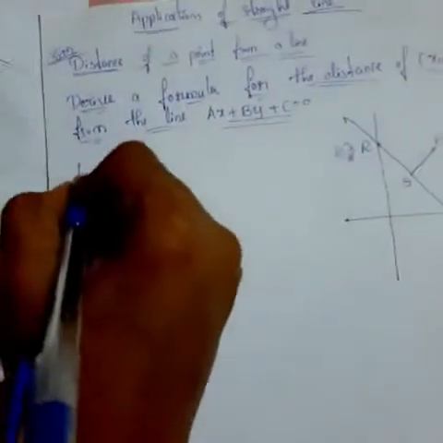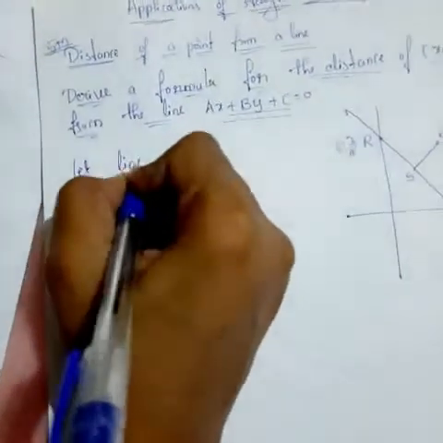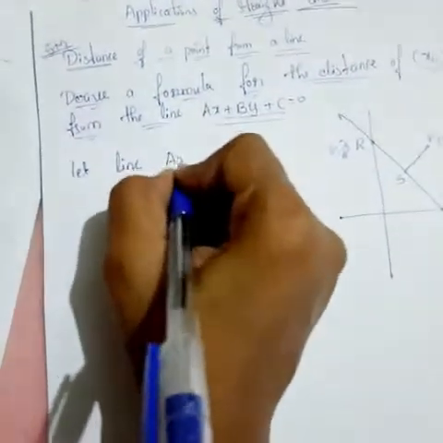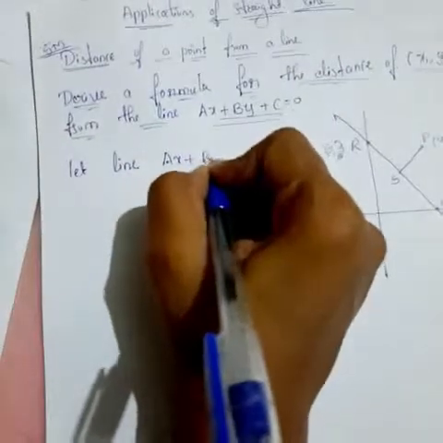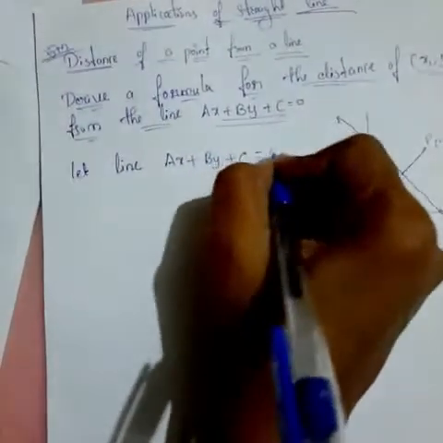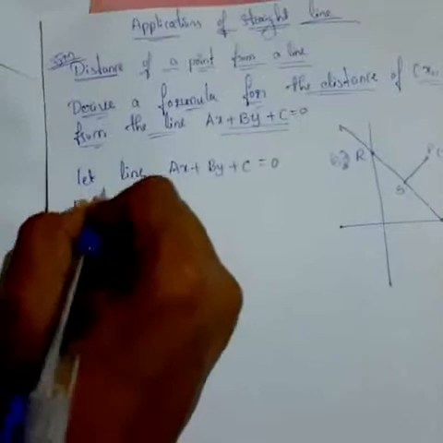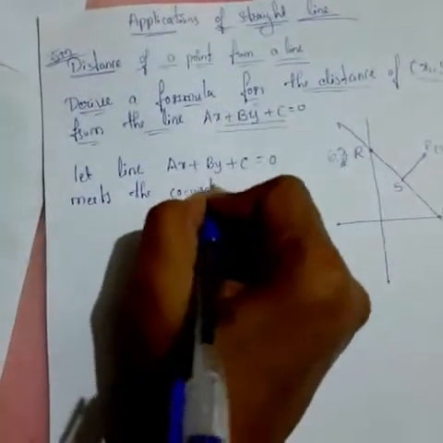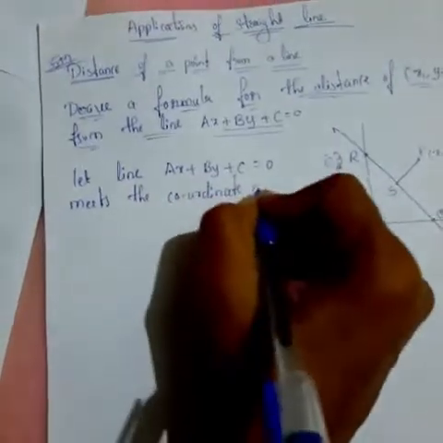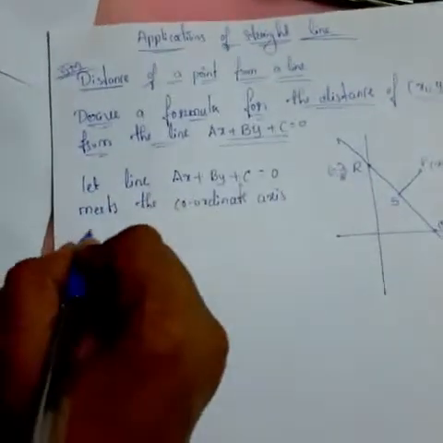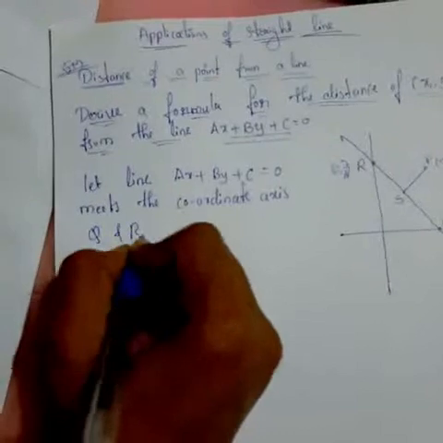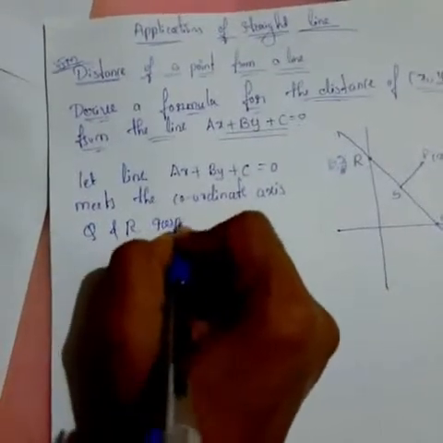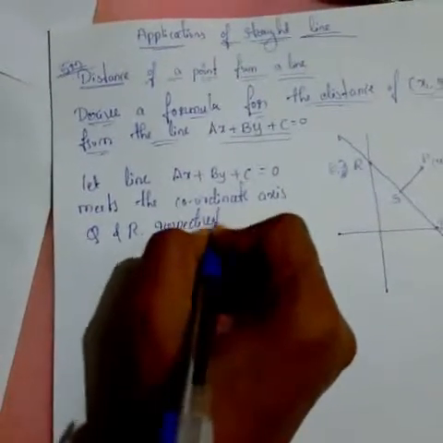Now let us write the given thing: the line ax plus by plus c is equal to 0 meets the x-axis and y-axis at capital Q and capital R respectively.